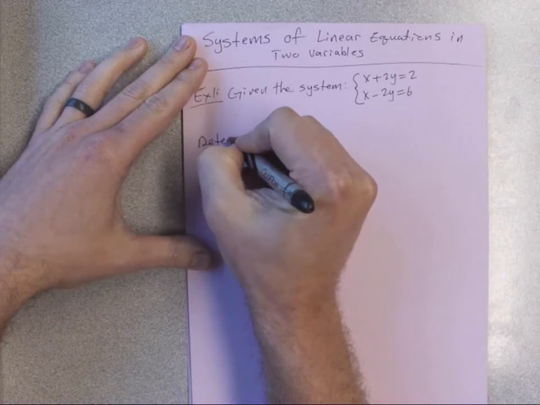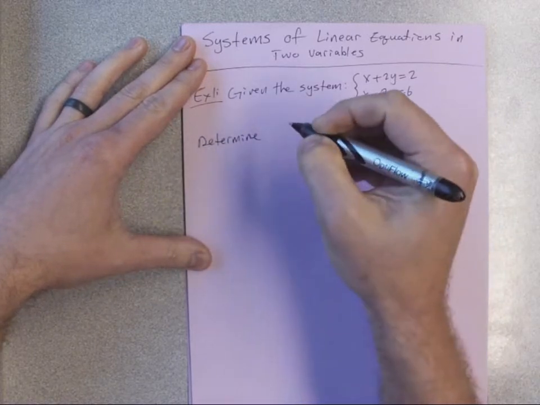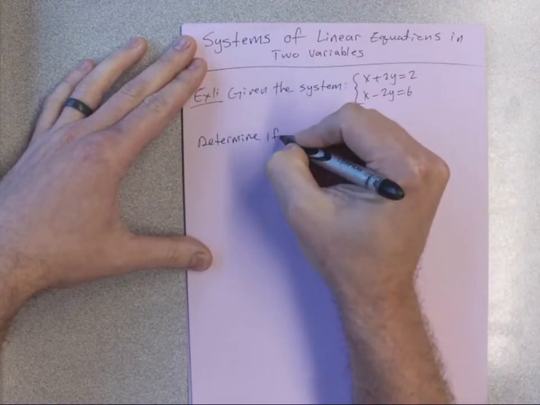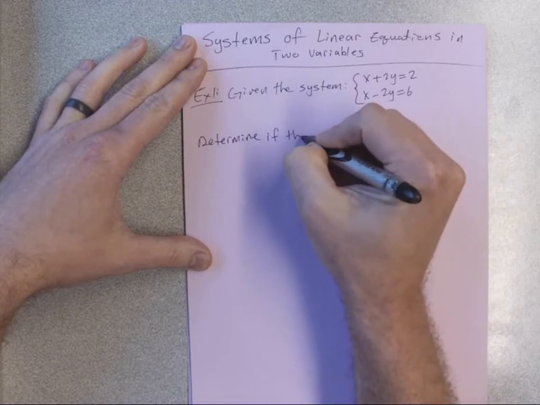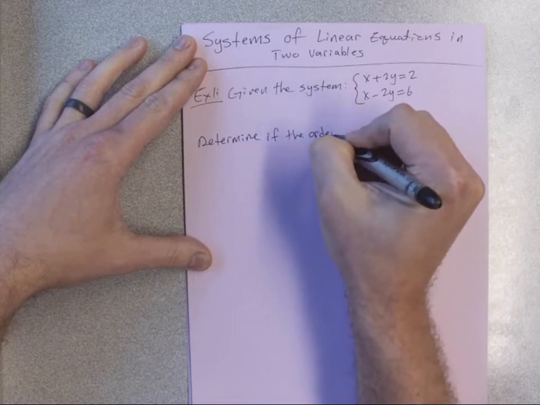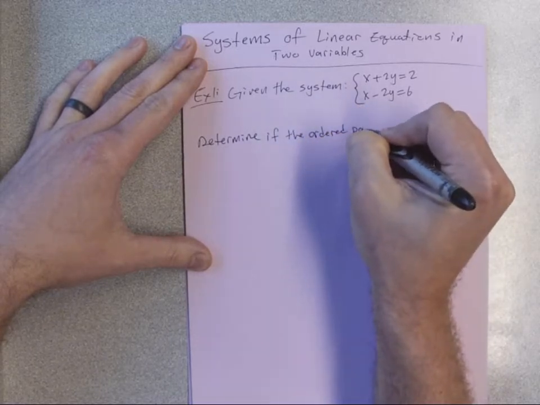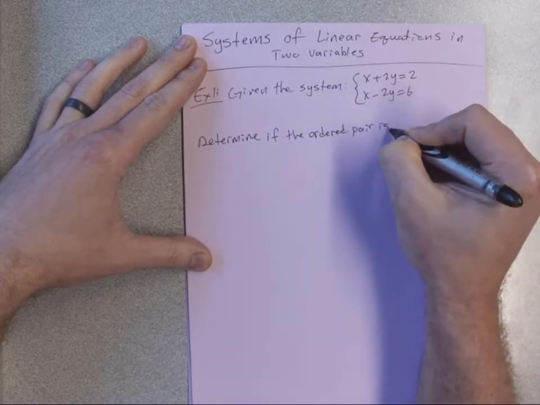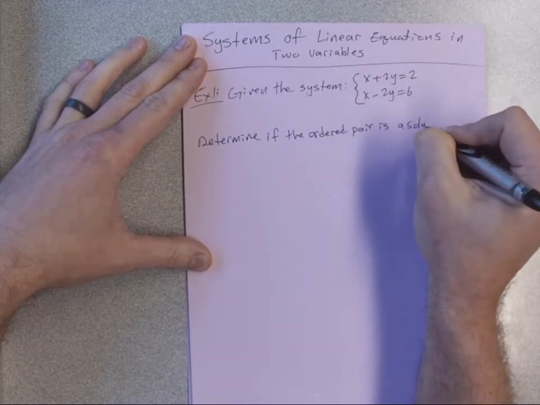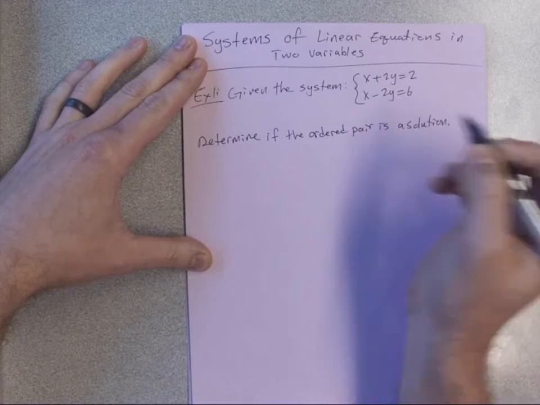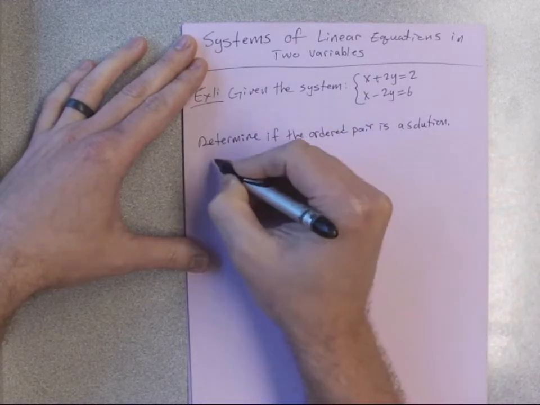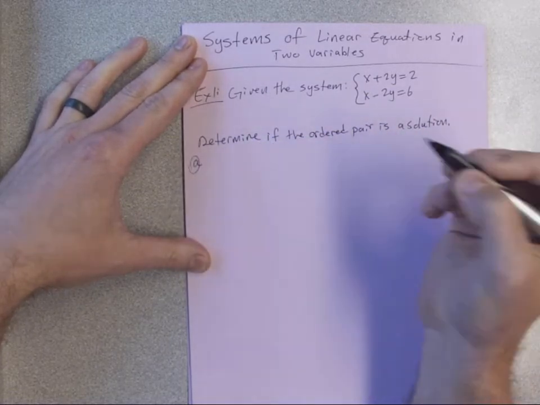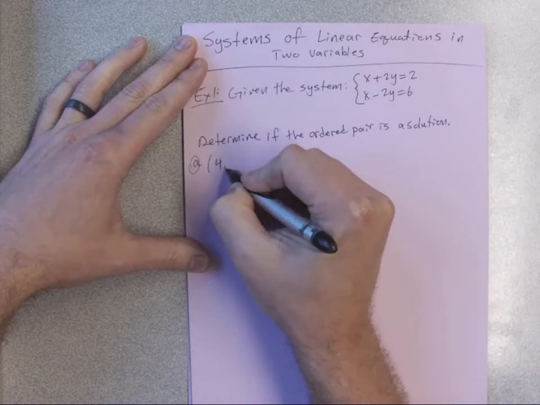Determine if the ordered pair is a solution. And we're going to look at part A, and this is going to be 4, negative 1.